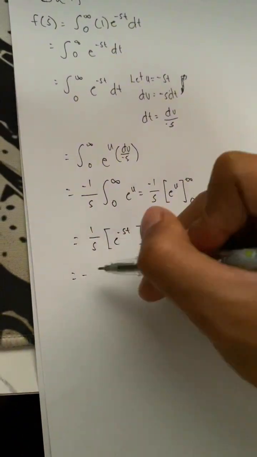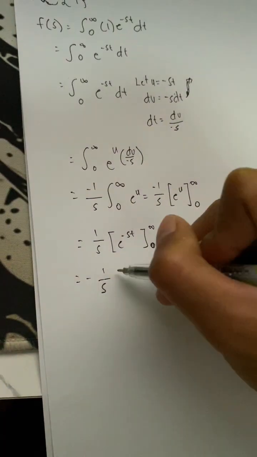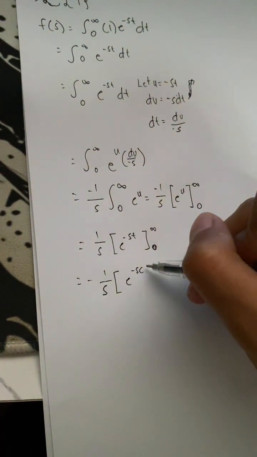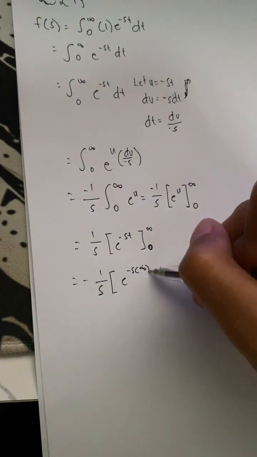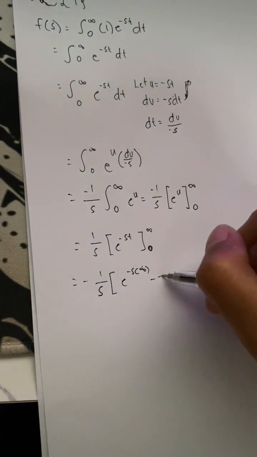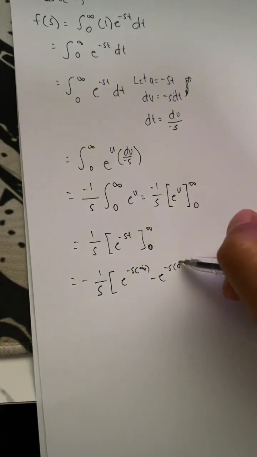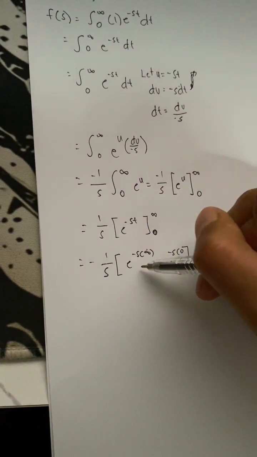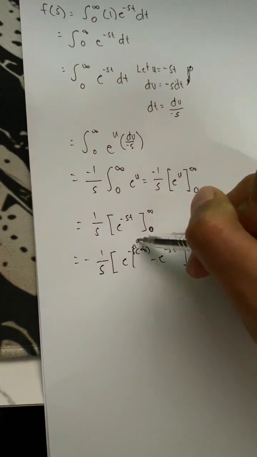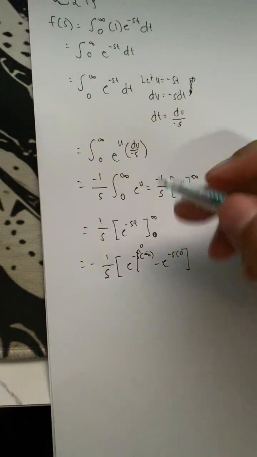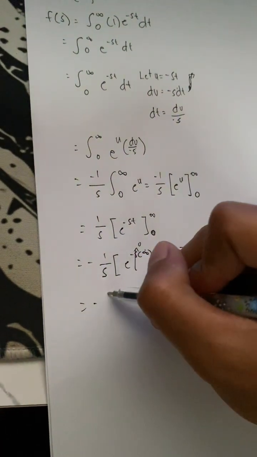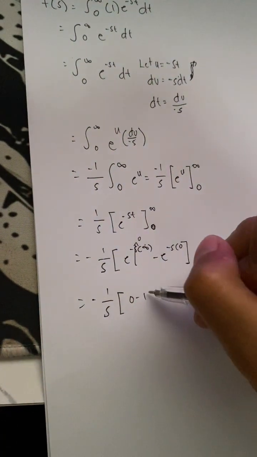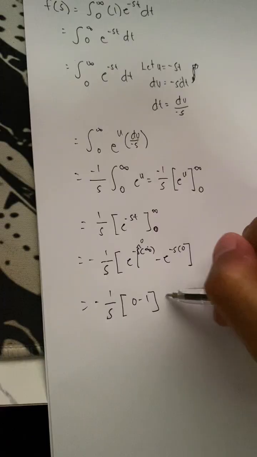Now we need to evaluate the definite integral or the limit. We have negative 1 over s multiplied by the upper limit, e raised to negative s times infinity, minus the lower limit, e raised to negative s times 0.